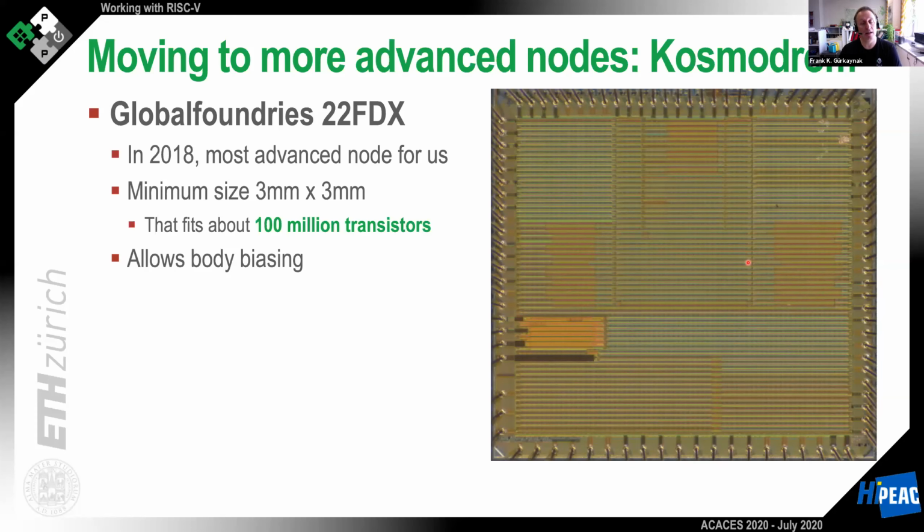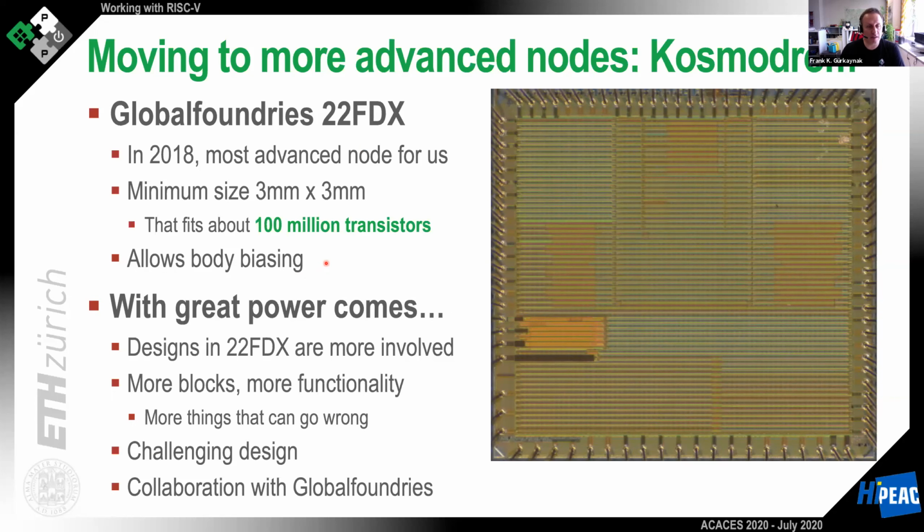fill up that area. The other nice thing about the FDX technology is it allows body biasing, which can change the behavior of the transistor after it's been manufactured to speed it up or to reduce its leakage. Now, with great power comes, as you know, great responsibility. So designs in 22FDX are more involved. There are more blocks, more functionality, which also means more things can go wrong.